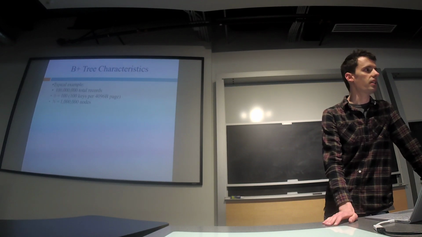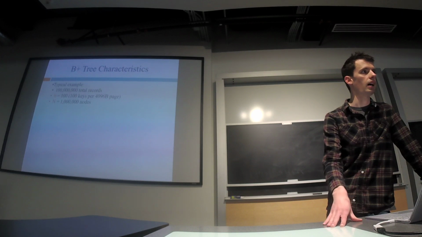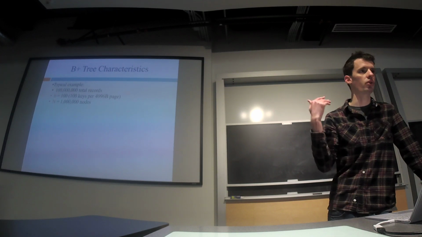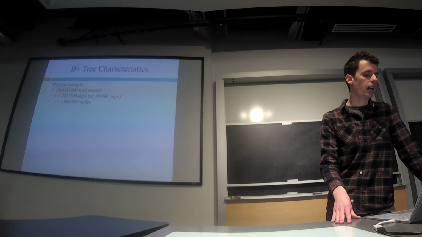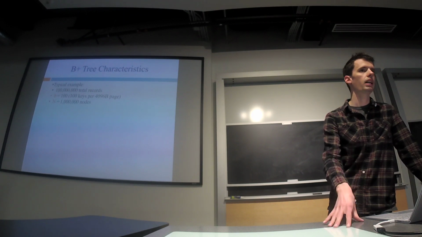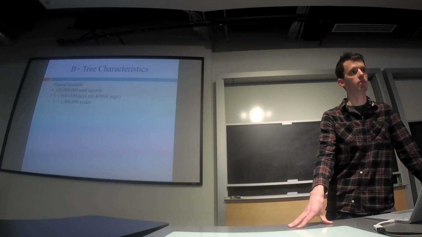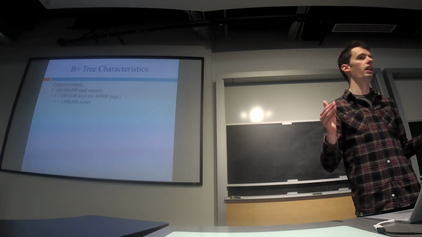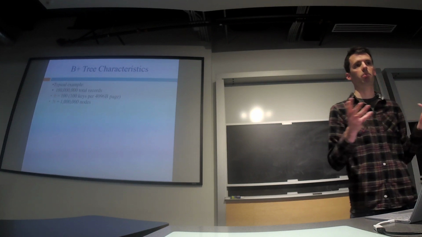Let's look at a typical example. Say we have 100 million total records, like Facebook users, they have even more than 100 million. Let's say that I can fit 100 keys per 4096 byte page. That actually means my keys are fairly large. They'd be like 40 bytes, which is big for a key.